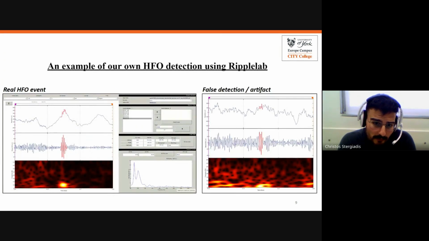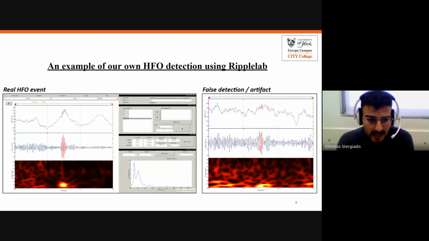For example, what you can see here is what I did in my PhD thesis. You can see how a real high-frequency oscillation event and a false detection are represented.